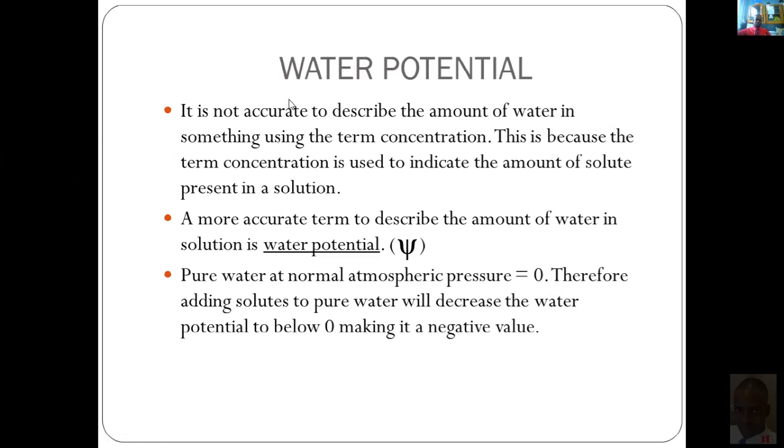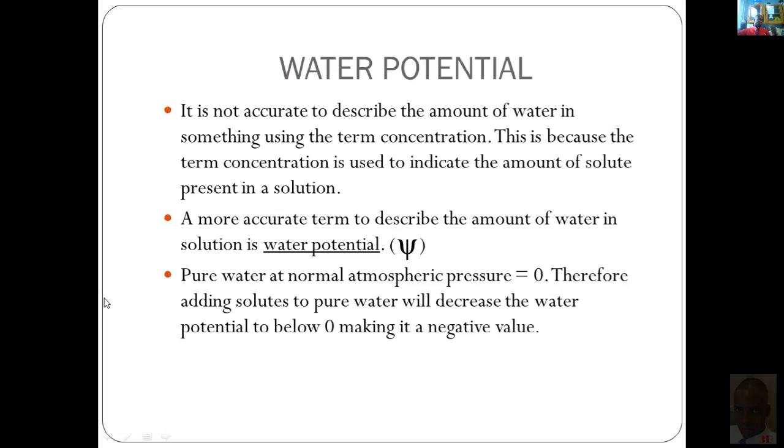A more accurate term to describe the amount of water present in a solution is water potential, and this is the symbol we use to represent water potential. Now, pure water at normal atmospheric pressure is equal to 0. Therefore, adding solutes to pure water will decrease the water potential to below 0, making it a negative value.